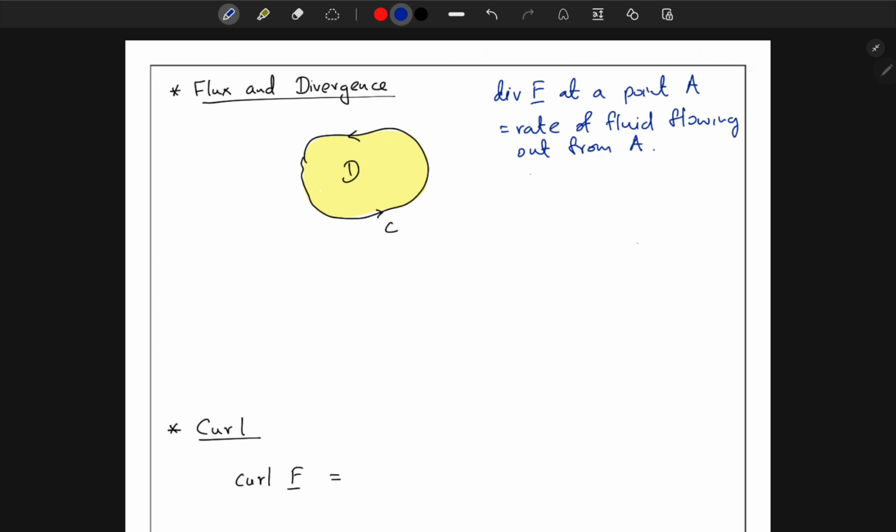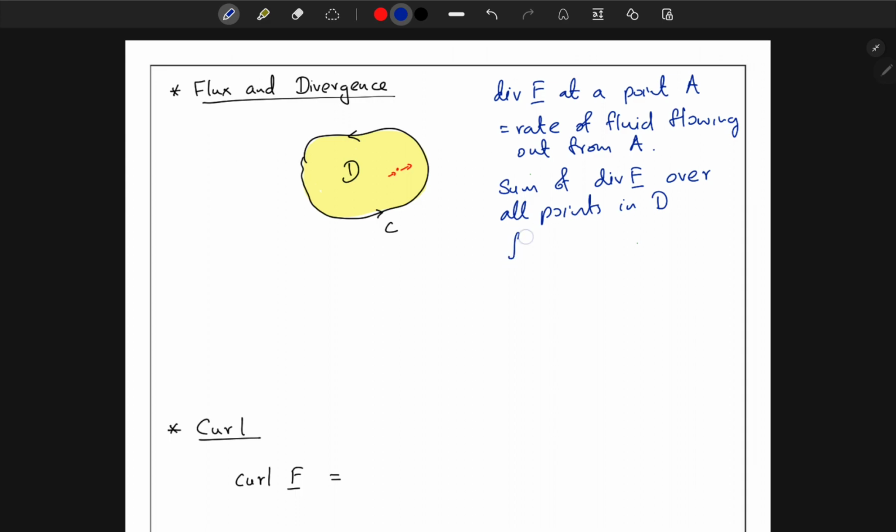Now what we are going to do is, for each point you have a flow and you add them together. So the sum of divergence over all the points in D. Okay, so it's an infinite sum.